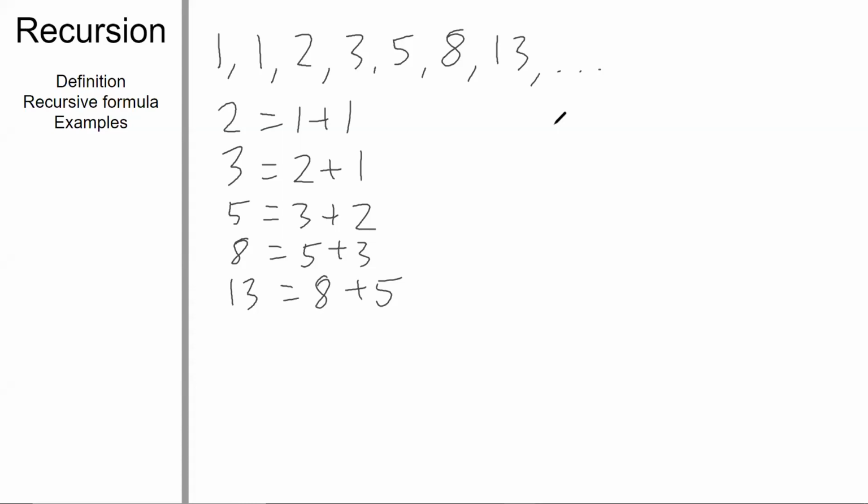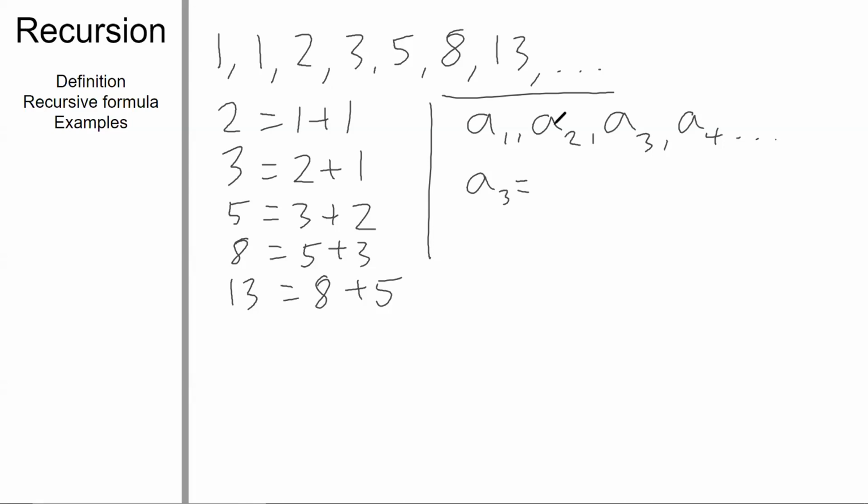If we let our sequence be A1, A2, A3, A4, ..., then following the same pattern as we have here, we know that A3 is equal to A2 plus A1.